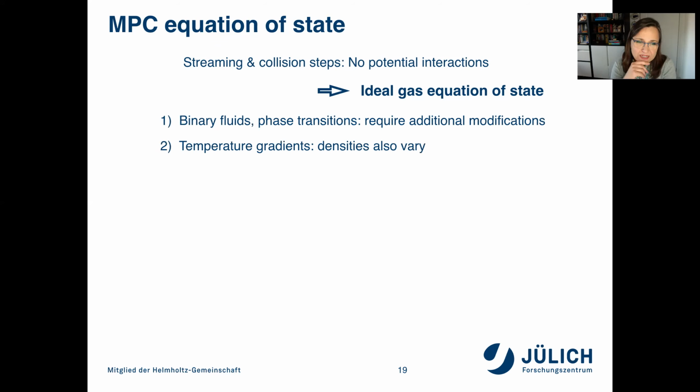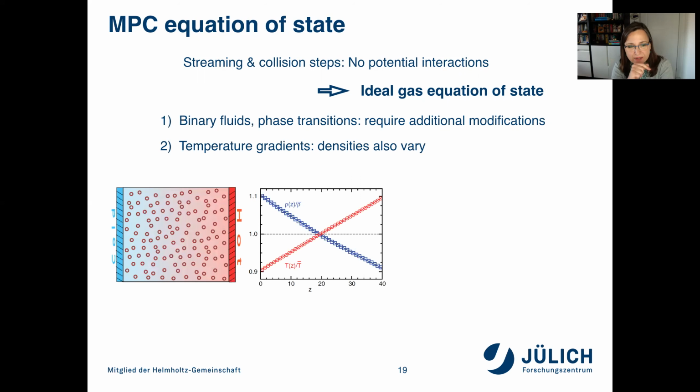And the other consequence is that if you have a system in which the temperature is not homogeneous, in which the temperature varies, the density is also going to vary. Here I show you an example of a system with a temperature gradient, and you see that the cold and the warm regions are also related with denser and less dense regions.